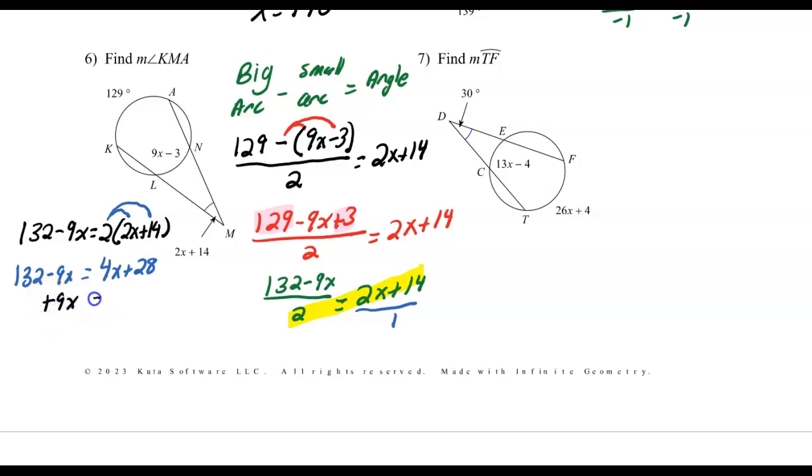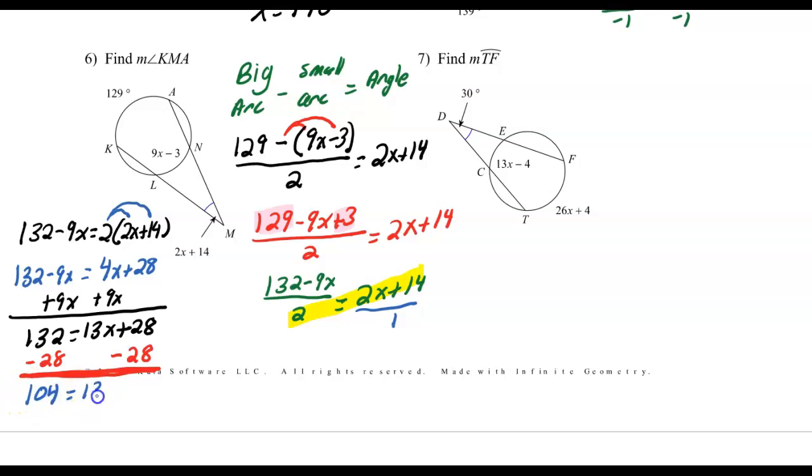I'll add 9x to both sides. 132 is 13x plus 28. Subtract 28 from both sides. 132 take away 28. This is a lot of algebra steps. So 104 is 13x. And divide by 13. And we will get x is equal to 8.